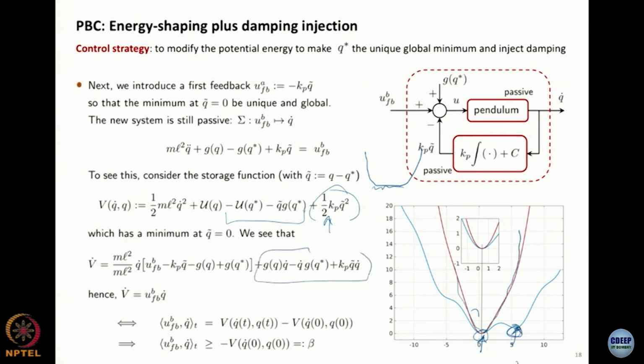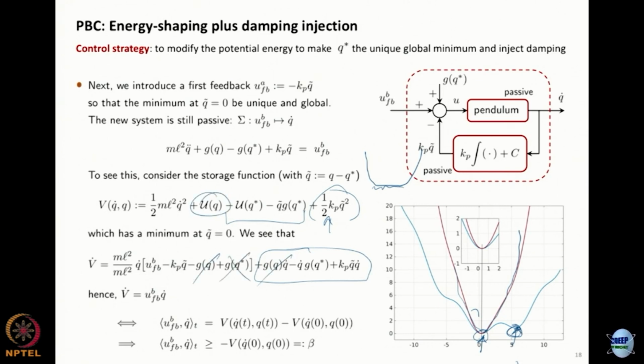Once I have done that modification to my potential energy, I do that through the controller. So the controller essentially will carry all these extra terms that I need to modify the potential energy, and all that will cancel away. So we'll have this term cancelled with what comes from this.